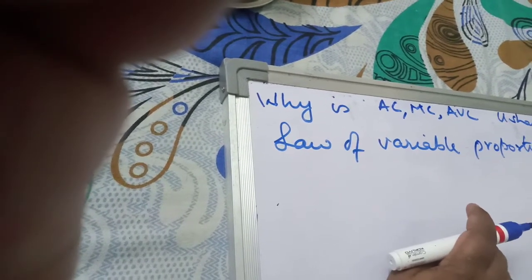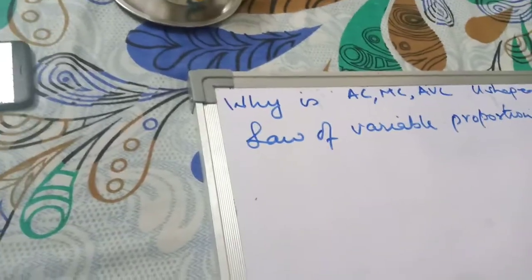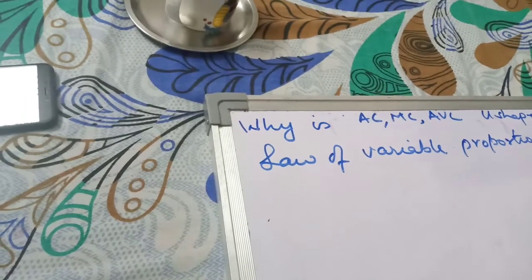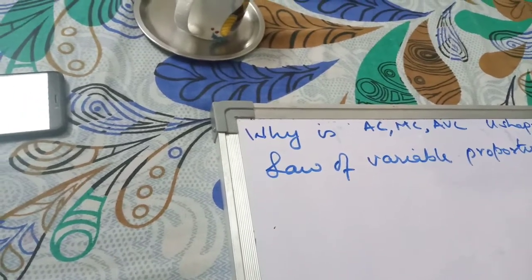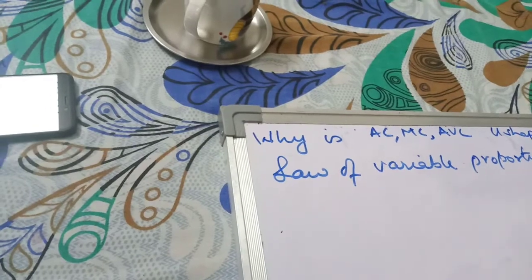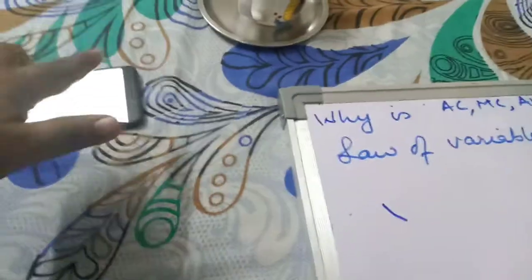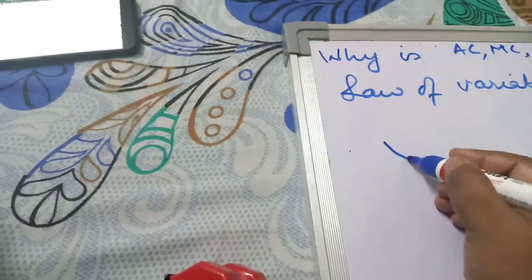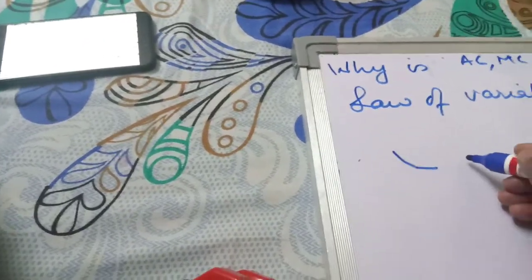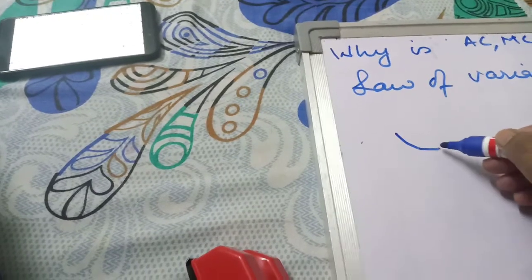Then you'll find a U shape. I would like to be more clear. The AC, MC or AVC curve is U shaped. That is, it first falls, then for a while remains constant, and then starts to increase.